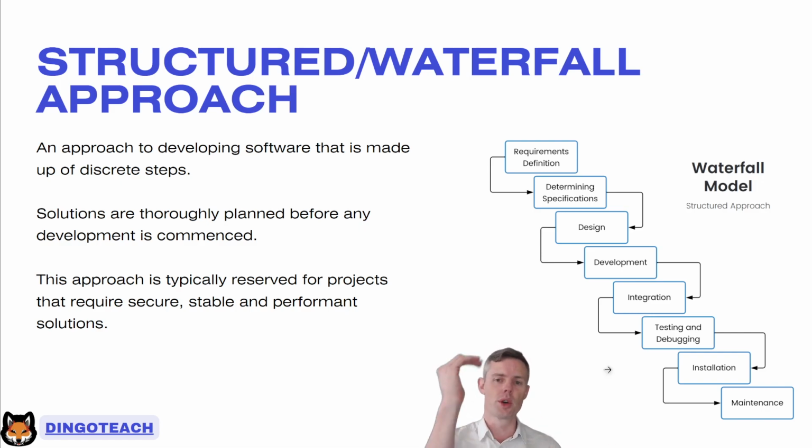And to quickly go through what these steps are, because they're going to appear again when we talk about the other approach. The requirements definition is where you sit down with the client and you say, okay, what do you want? What is your situation? Who are you? Those kind of things. You're getting the base ground information so you can share that with the rest of your team. The specifications are things like, what does the software actually need to do?